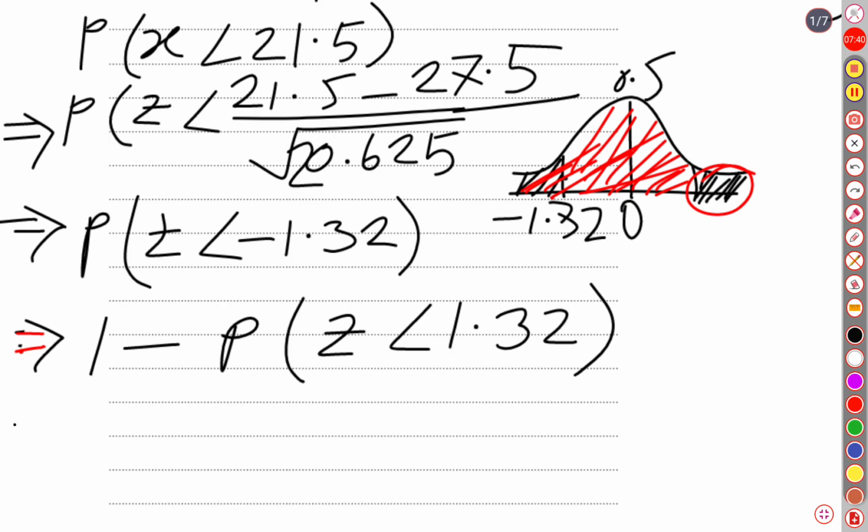I think all of you know how to use the normal table, which is provided with the book as well as in the exam hall. Probability of z less than 1.32 is actually 0.9068.